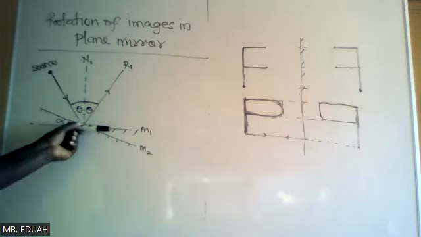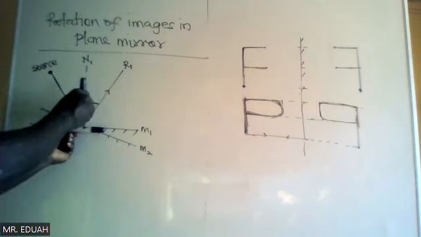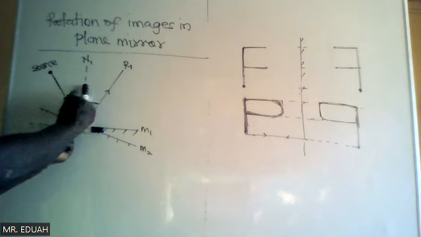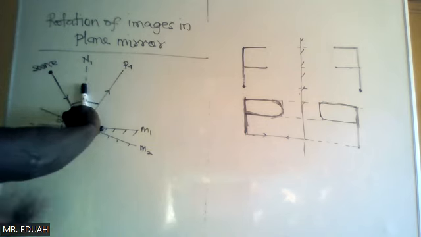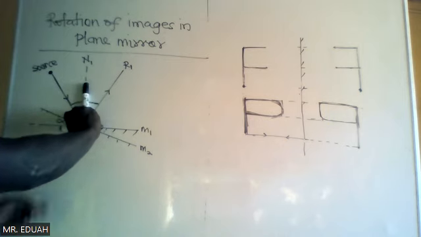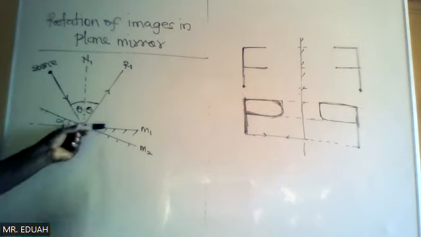Let's assume M1 is the original position of the mirror. This is the first normal when I haven't rotated it. Please look at what I'm demonstrating. So this arrangement is the mirror.